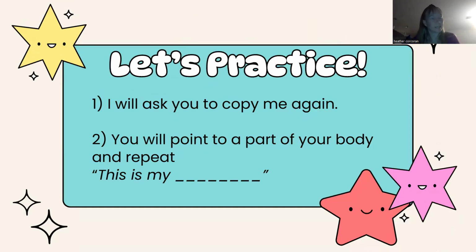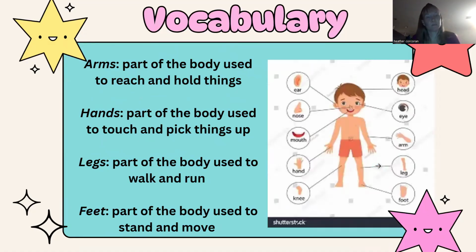They don't have to understand every word. They just need to get the bigger pieces chunked out through the support of the visuals. So going through, then we would move into the routine of arms and making sure that they would cut off at the hands, legs, making sure they cut off at the feet.